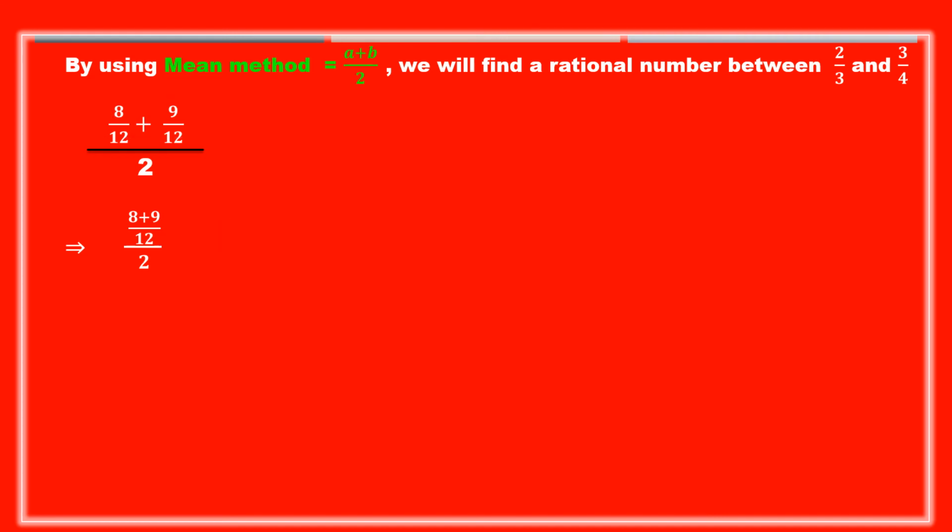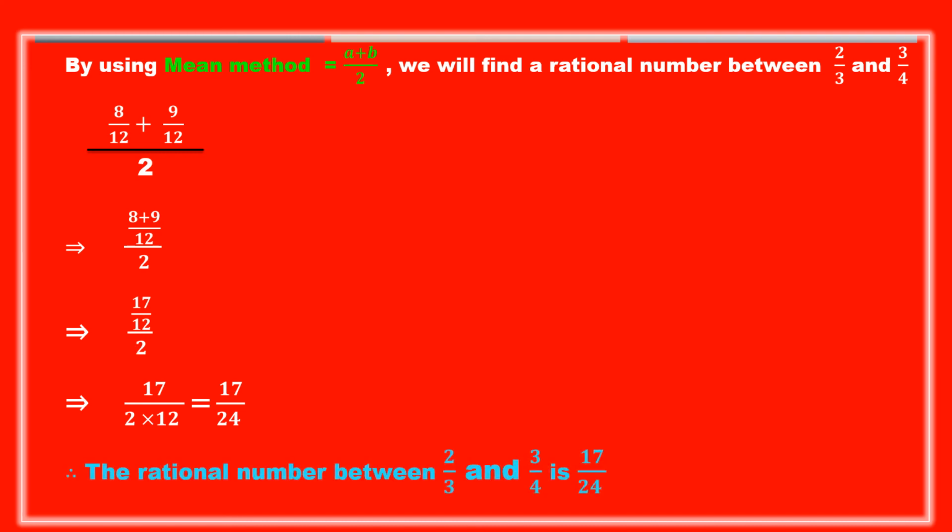So you'll get 8 plus 9 by 12, by 2. 8 plus 9 is 17 by 12, by 2. So this 2 goes to the denominator, and 12 becomes 24. So 17 by 24. So the rational number between 2 by 3 and 3 by 4 is 17 by 24.